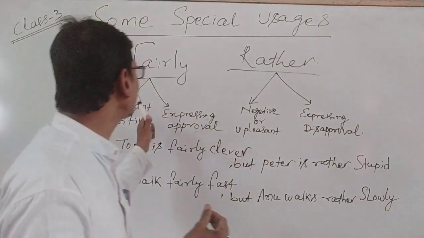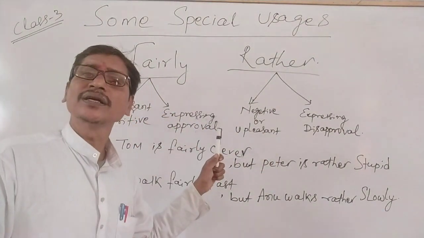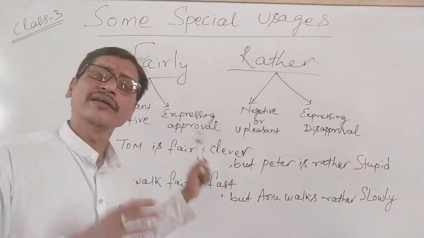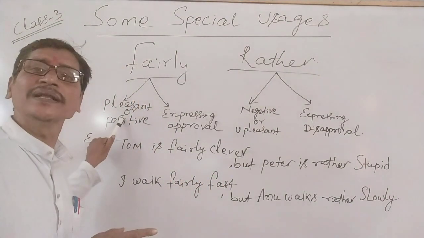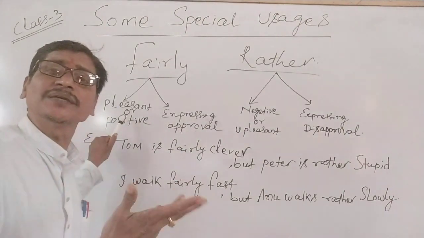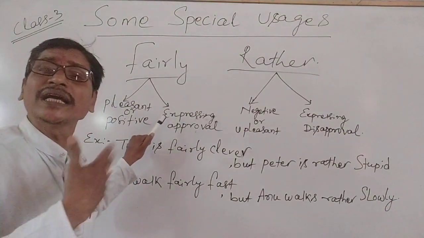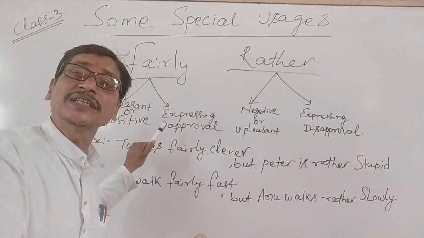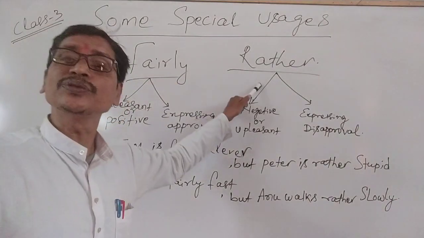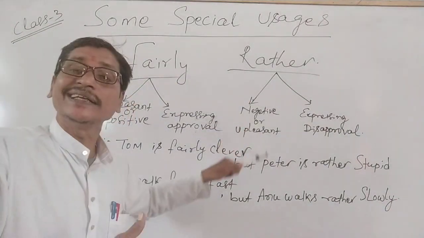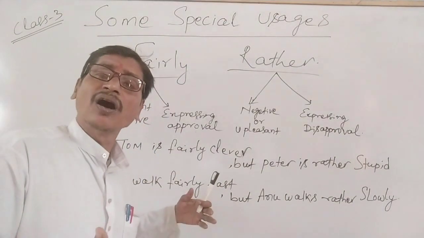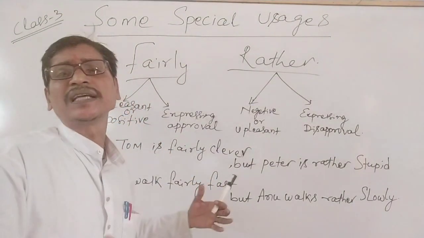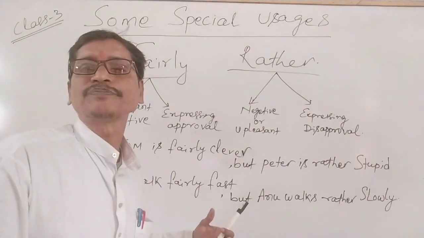So we understood there are two different reasons for using fairly and rather. First of all, we use fairly when we feel something pleasant or positive, as well as when we express our approval for something. Similarly, we use rather when we feel something is negative or unpleasant, or when we express our disapproval.